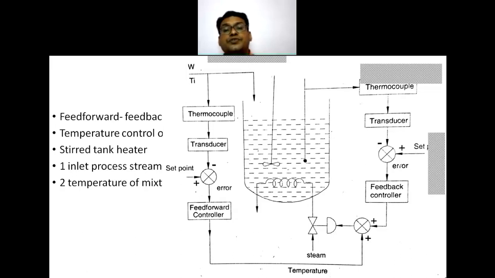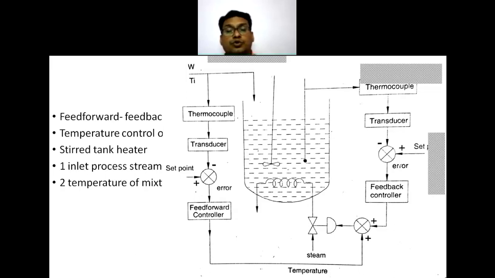But in this system, there is another loop, which is for the temperature variation of the inlet flow rate. So there is a need to measure the inlet temperature with the help of a thermocouple.